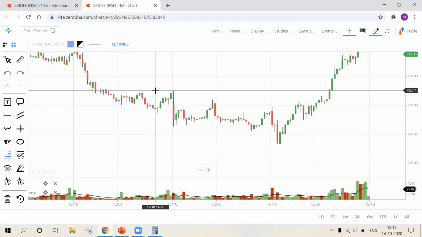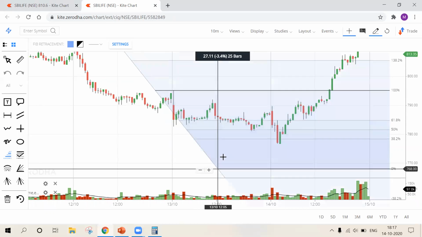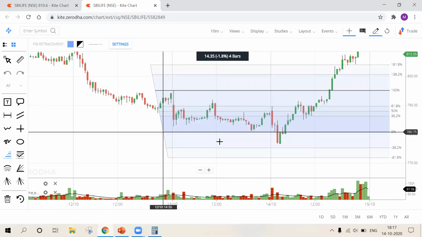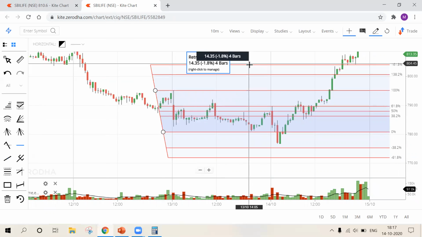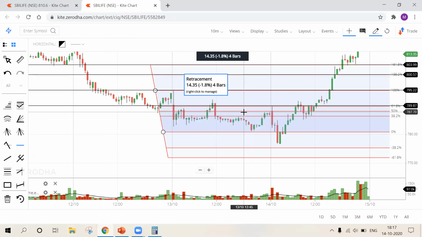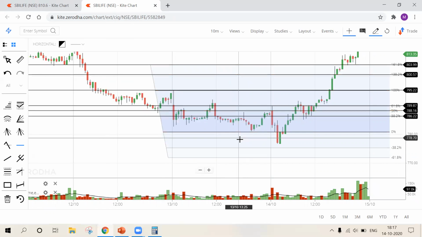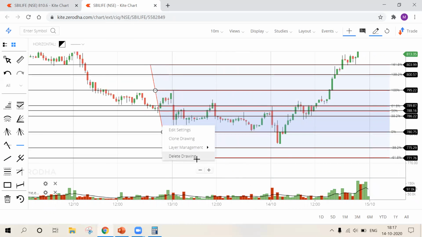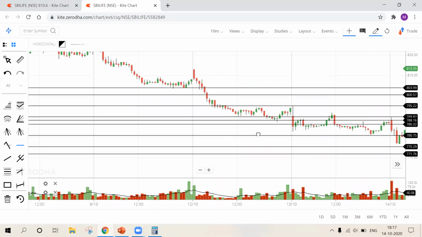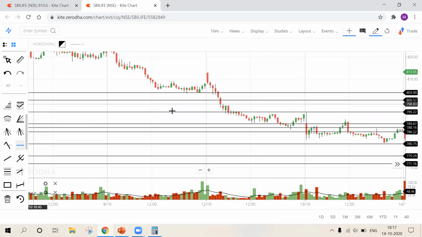Fibonacci: the previous day's high, this point, and the previous day's low, this point here. Now 1, 2, 3, 4, 5, 6, 7, 8, 9. Gonna delete Fibonacci. I'm gonna hide today's market and I'm gonna draw the levels.